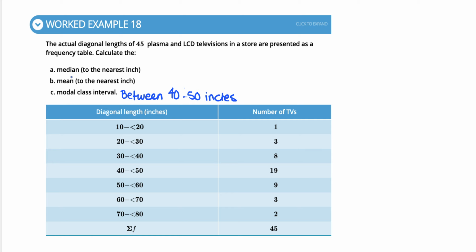Now, I'm going to find the median first. To find the median, we have to use the manual way of doing it. We have to find the middle value. So in what position is that middle value? I know that I have 45 total data. Because I have 45 data, you have to do 45 plus 1 divided by 2 to find the position.